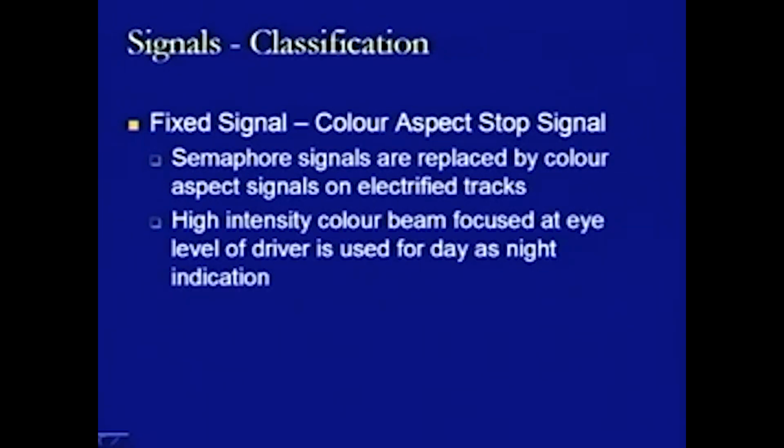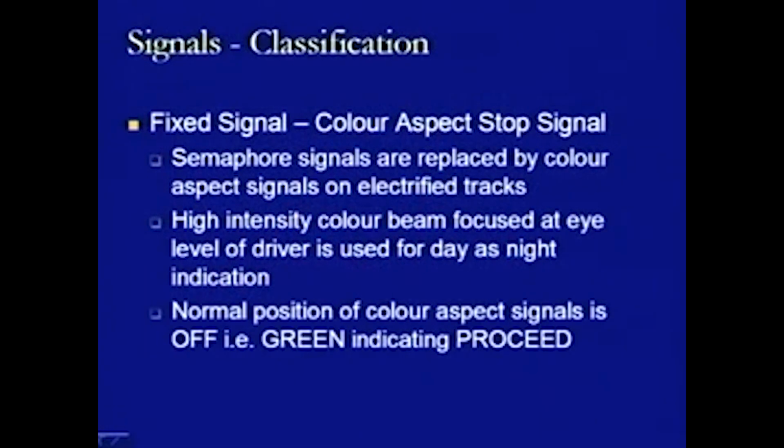Most of the time this high intensity color beam is focused at the level of the eye of the driver, and this high intensity color light is so intense, given the wavelength etcetera, that it is visible during the daytime as well as during the night. So, it provides the indication both during the day as well as during the night.